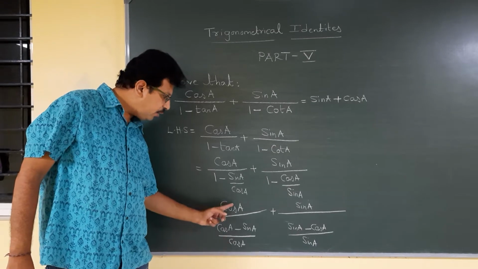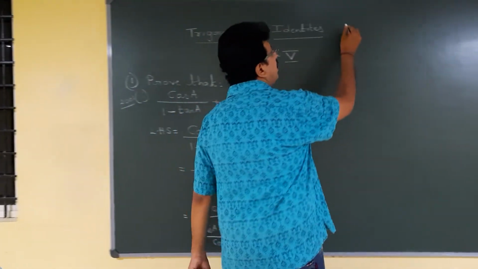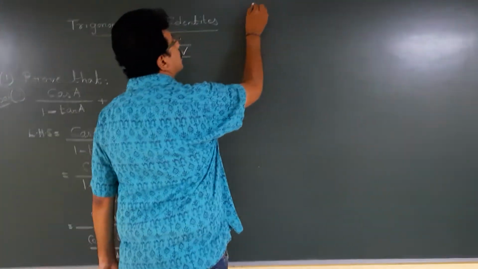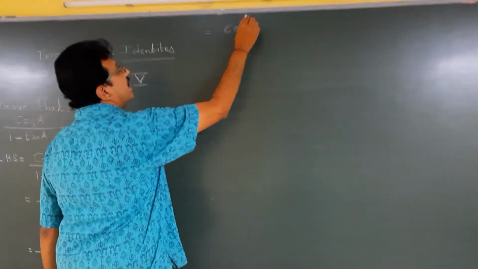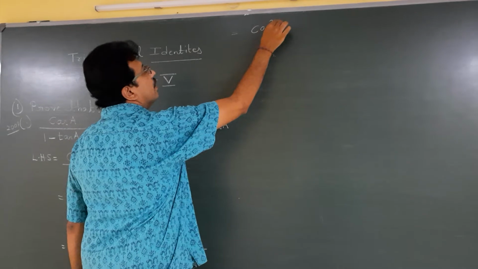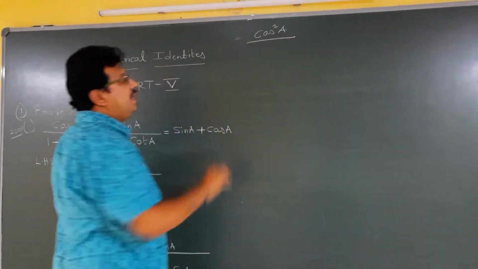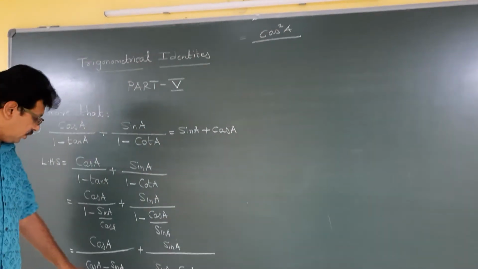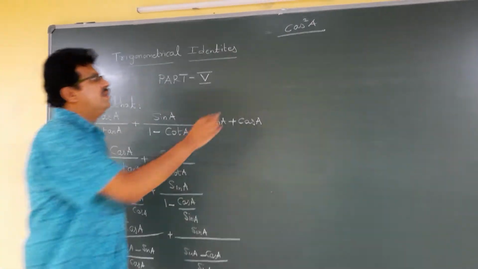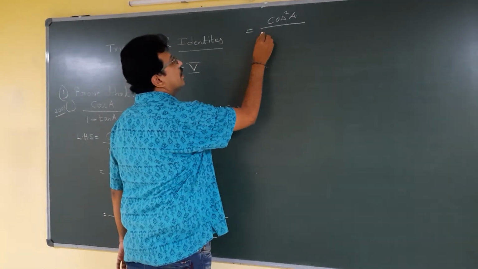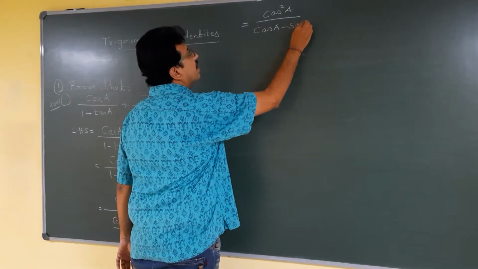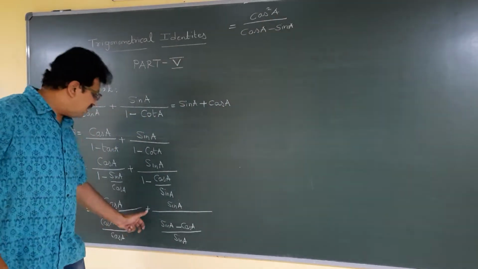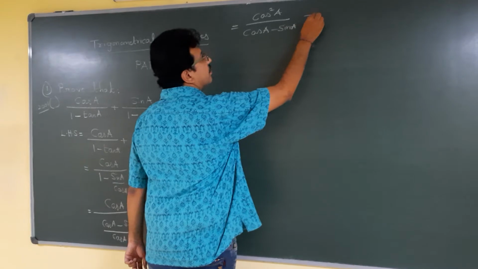So cos A into cos A is cos square A, cos square A divided by cos A minus sin A, which will remain as it is, cos A minus sin A. And here the plus sign is there, we'll write it as it is.